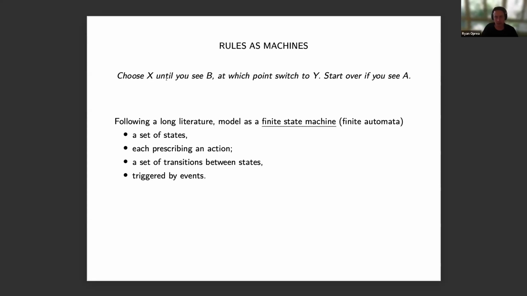Imagine I give the subject a rule. So I do give subjects this rule: choose X until you see B, at which point switch to Y, start over if you see A. And you can model this problem using as few as 2 states. Each state has an instruction for the subject, for the computer.